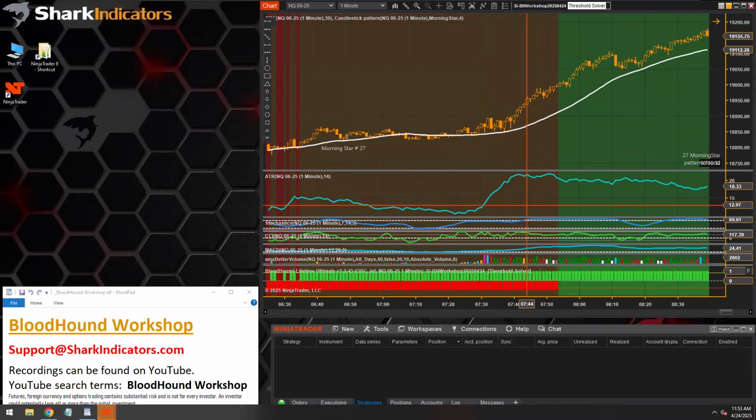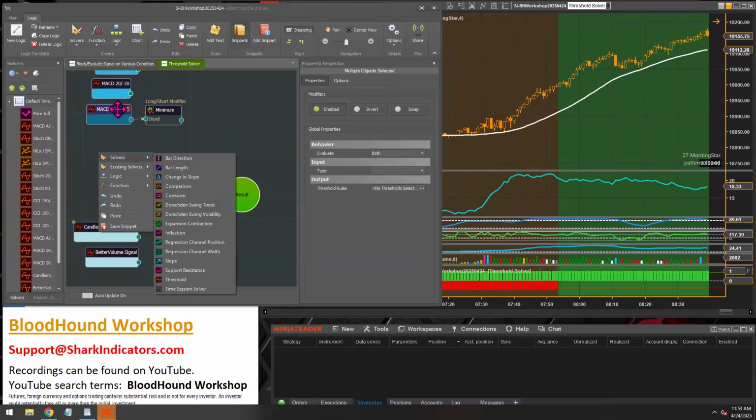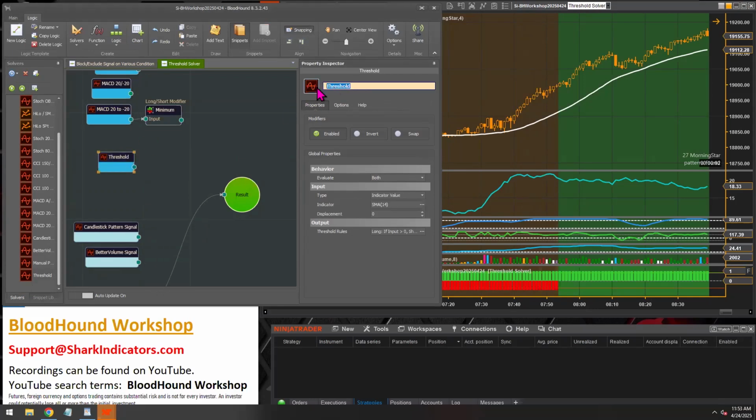Let's say anything above 13. I'll put it up here with the other oscillating indicators. So there we go. We're going to check if the ATR is greater than or equal to 13.